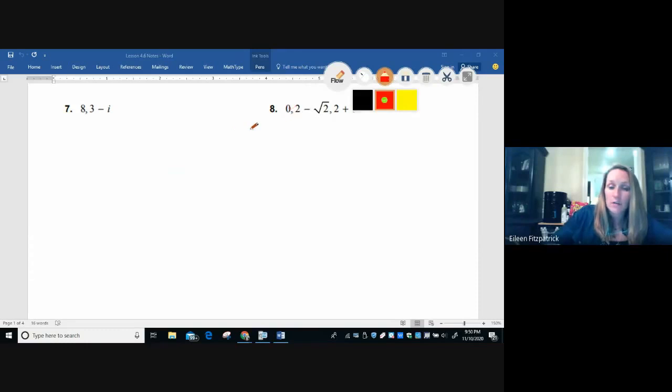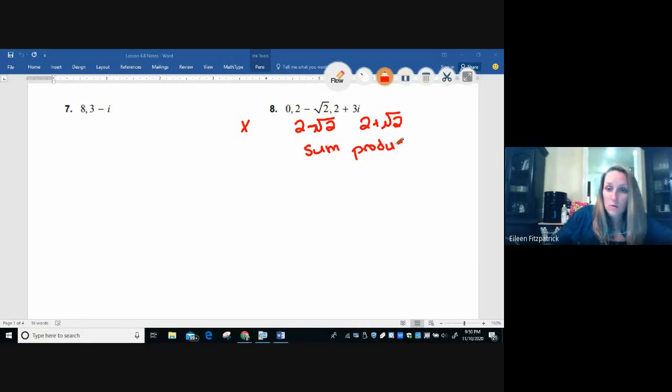So if 0 is a root, that means that there is a GCF of x, all right? If 2 minus root 2 is a solution, so is 2 plus root 2. So I need the sum and the product of those. So the sum, 2 minus root 2 plus 2 plus root 2, the root 2's cancel, you get a sum of 4.